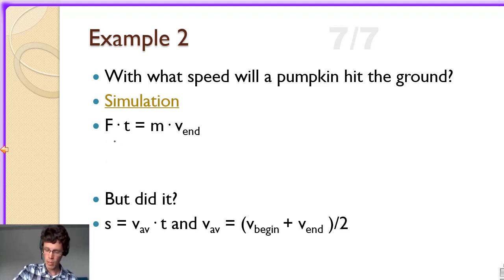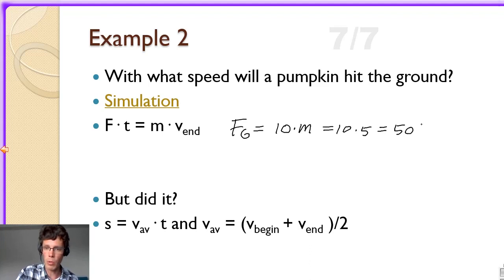So, let's do the calculation and see if we can calculate with what speed it hit the ground. The force working on the pumpkin is the force of gravity, which equals 10 times the mass. Now the mass was 5 kilograms, so the force working on it would be 50 newtons. We can fill that in.